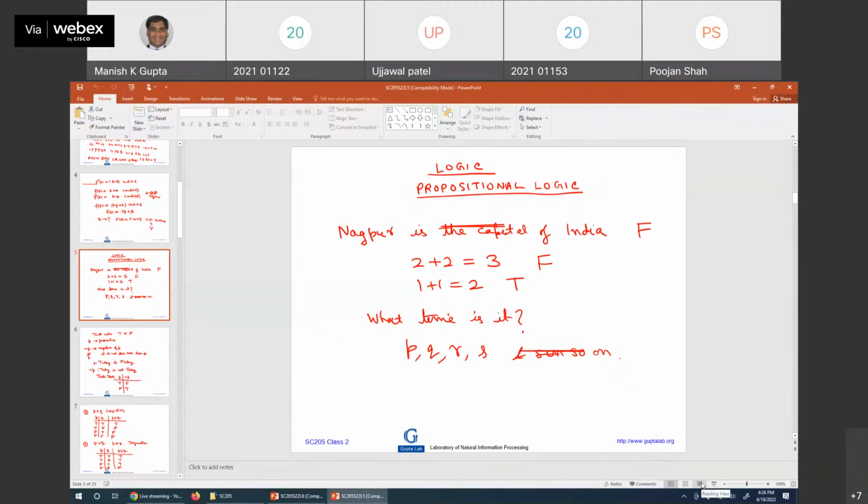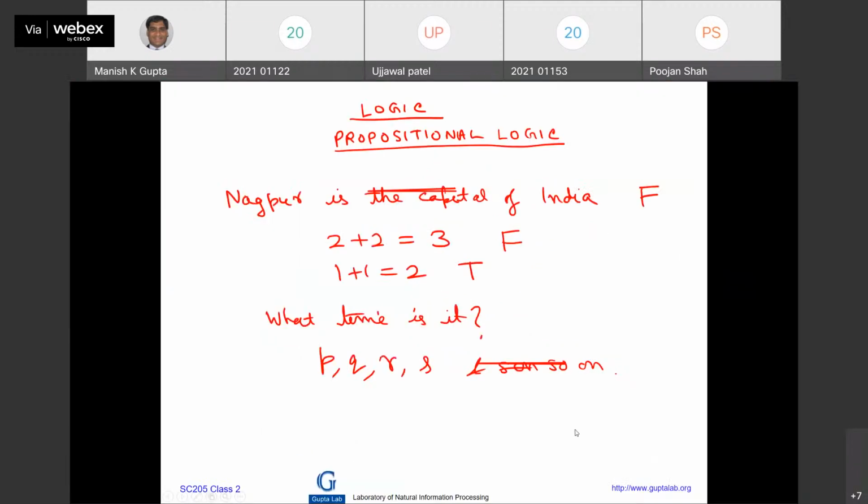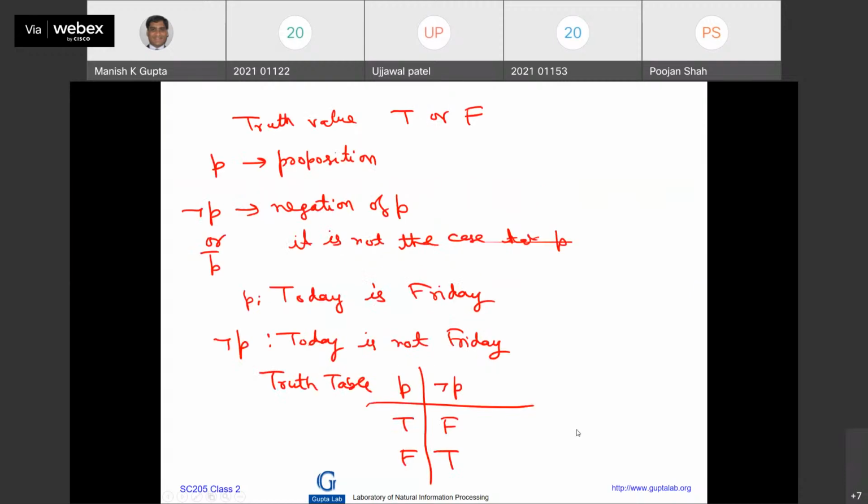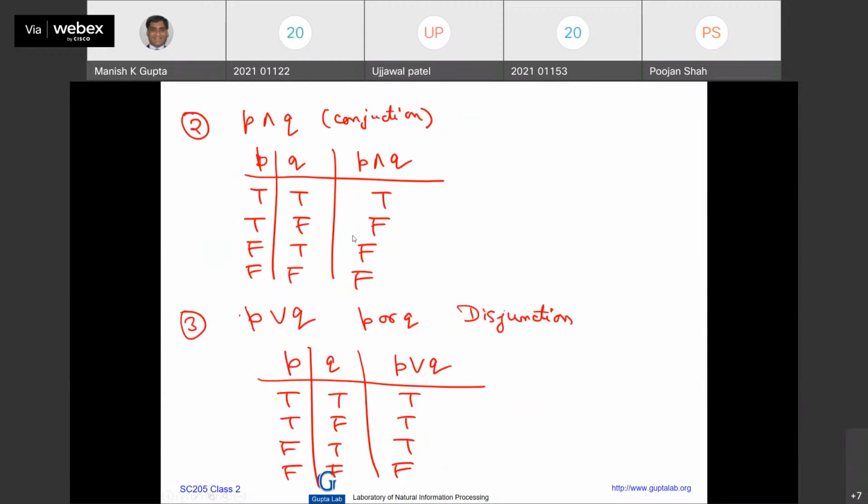You see, last time we looked at proposition logic. We have truth values, true or false, propositions, small p, q, r, like that. And then there are P, negation of P, truth table for it, conjunction, disjunction. This is known as meet, P meet Q, P join Q, and so on.